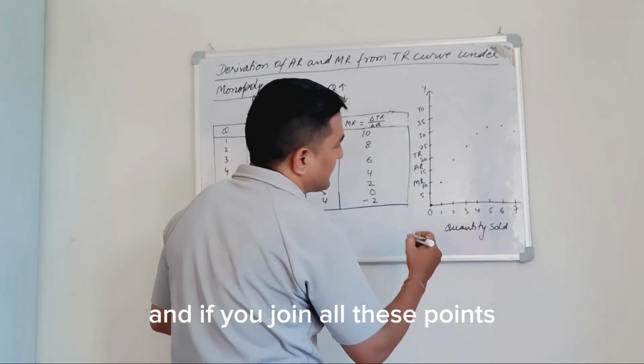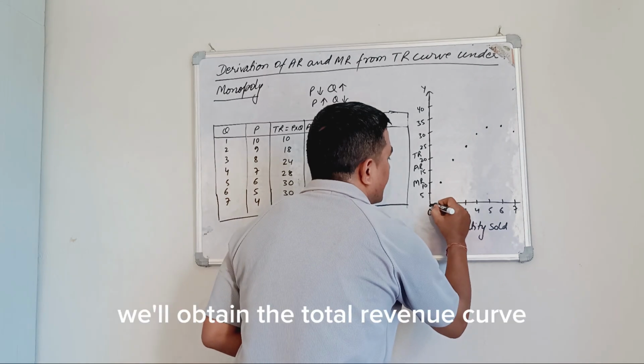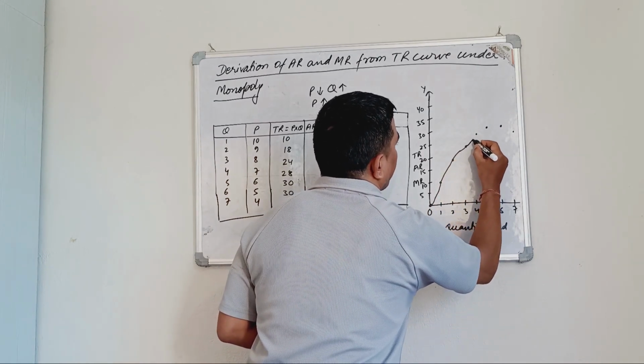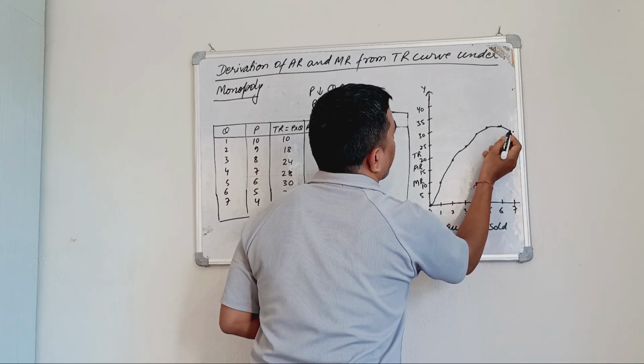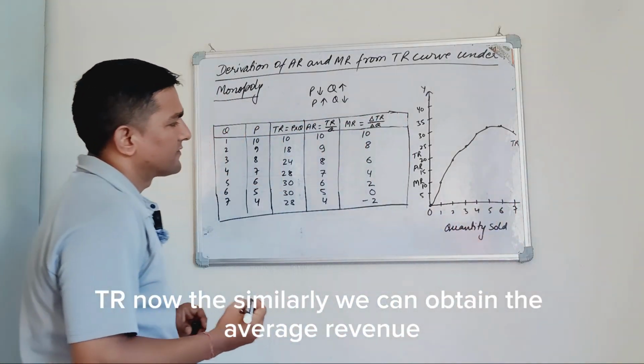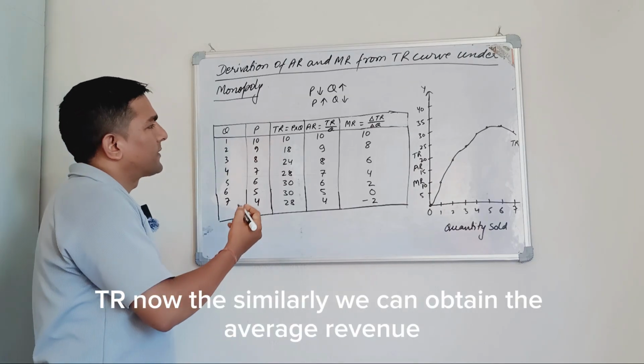And if we join all these points, we will obtain the total revenue curve. Total revenue, TR.